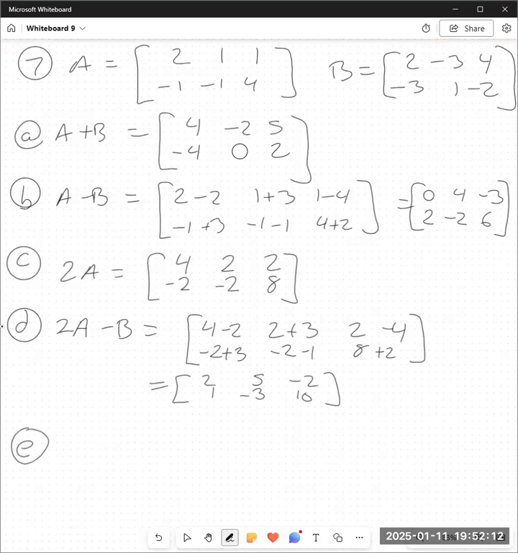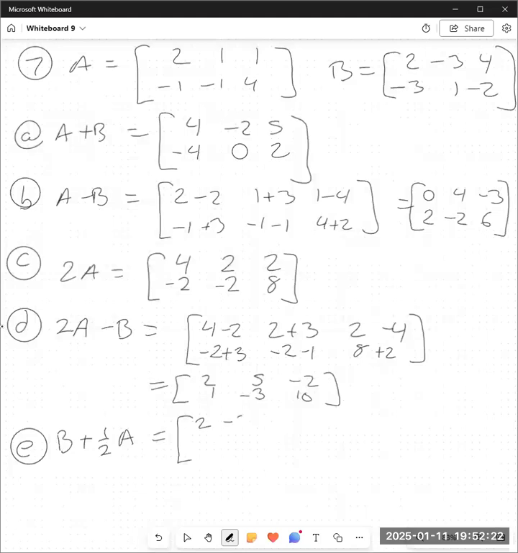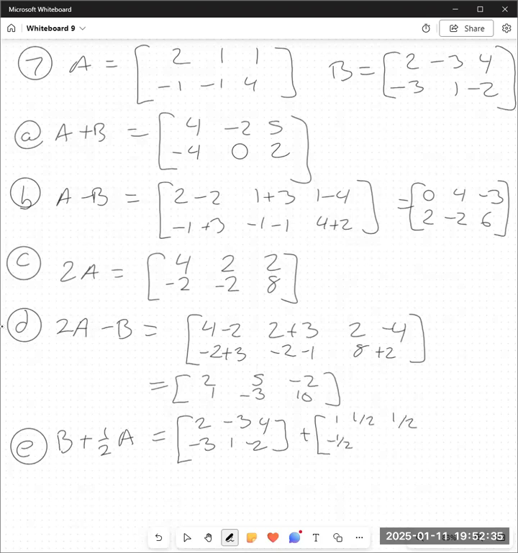And E asks me to find B plus 1/2 A. So that is 2, -3, 4, -3, 1, -2, plus 1/2 of A, which is 1, 1/2, 1/2, -1/2, -1/2, 2.